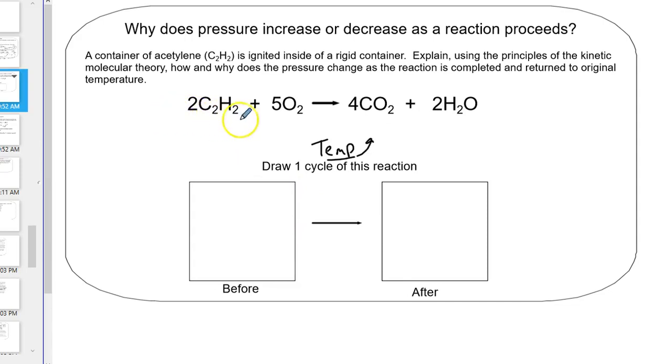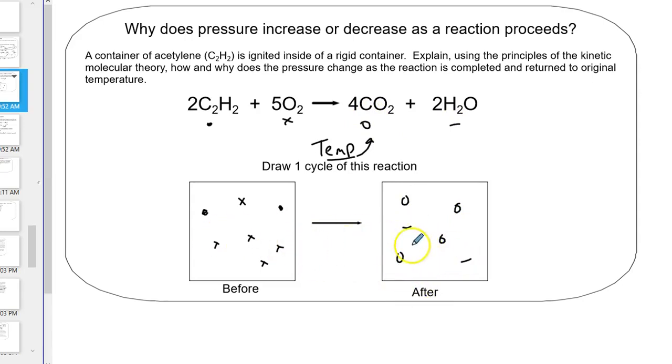But here I take 7 particles. Let's call this guy this, and we'll call this guy that. So 2 of those react with 5 of these, 7 total. I get how many of these? 4 of this and this, so 1, 2, 3, 4, and 1, 2.